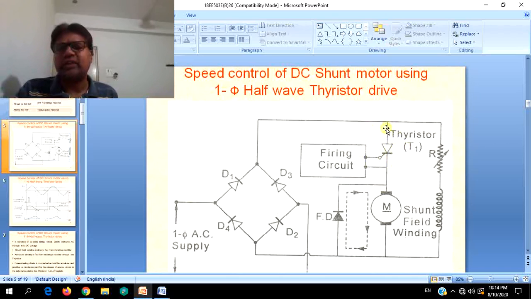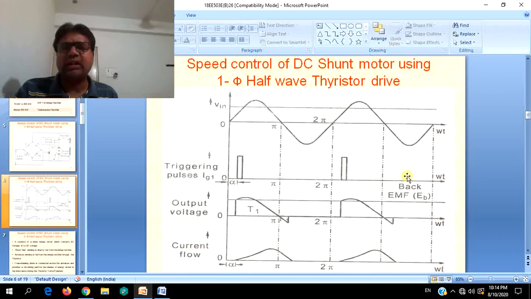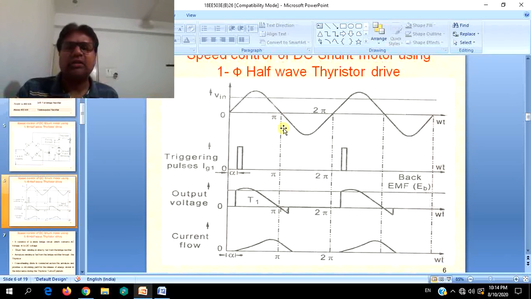Though the direction of current is the same due to the rectification, that is, you will be getting UDC, this SCR gets turned off at the zero crossing because the DC voltage becomes zero. There will be a drastic drop of voltage, and eventually the current will also decrease.